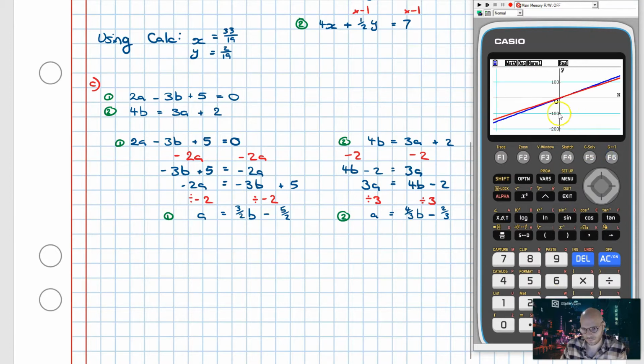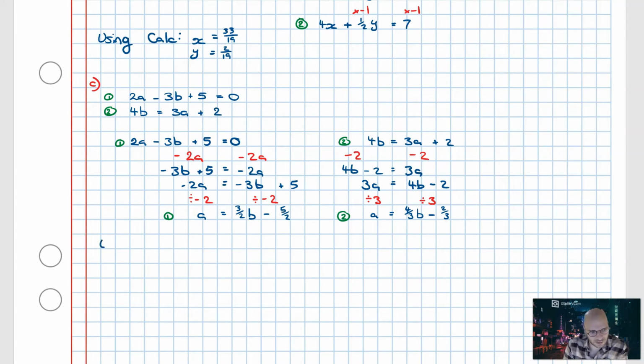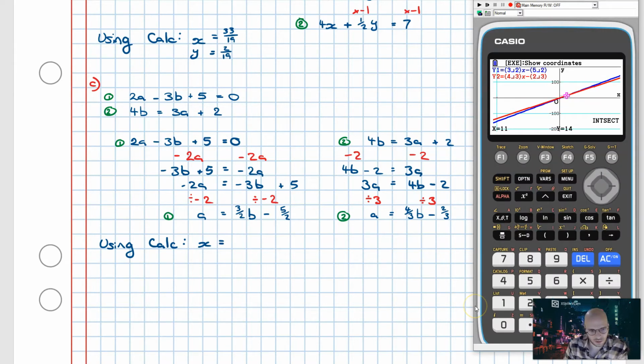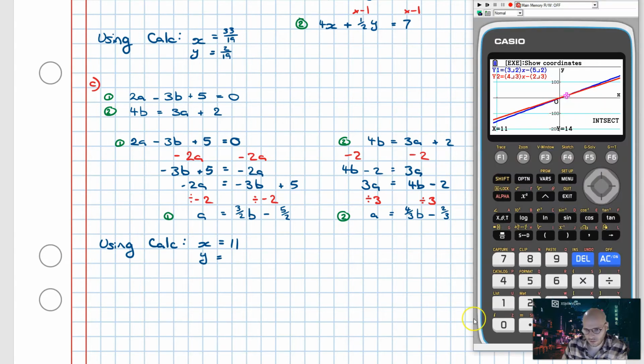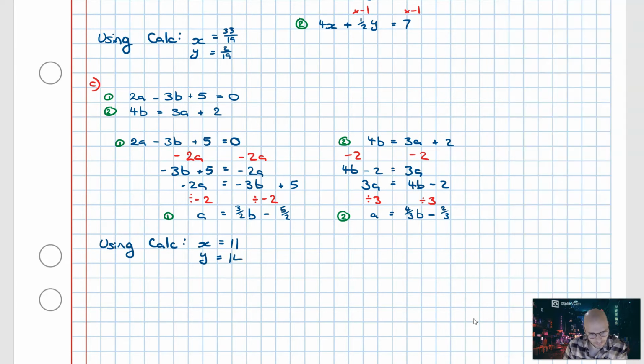Solving this, we're going to go to G-solve, intersect, and it will tell us the solutions 11 and 14. So we write, using calc, x equals 11 and y is equal to 14. And for this video, we'll leave it here as the other calculation is just repetitive.